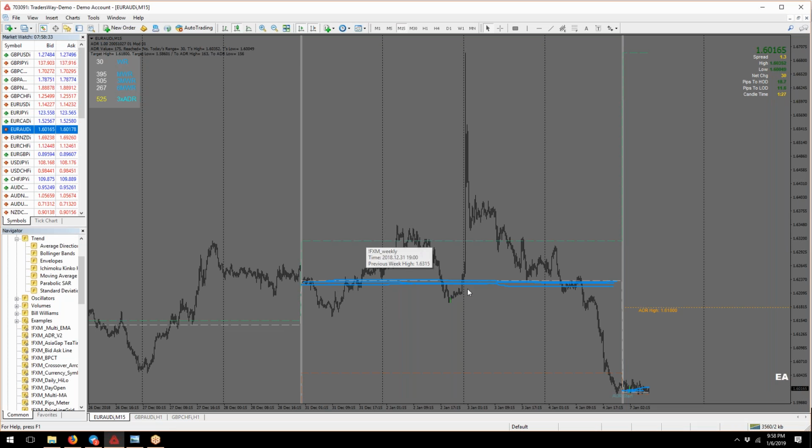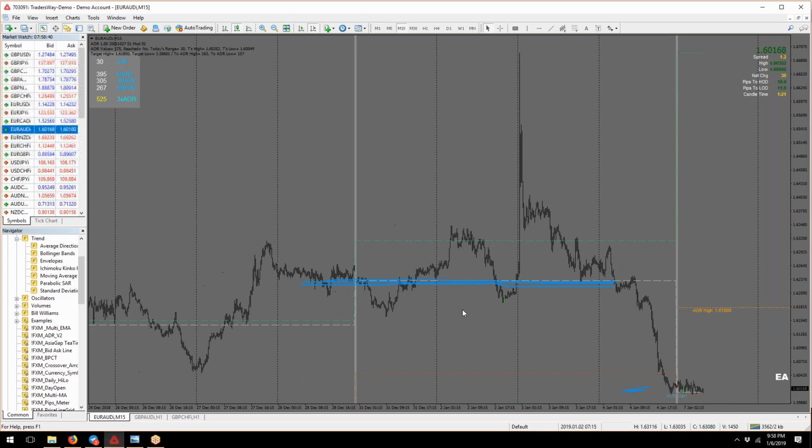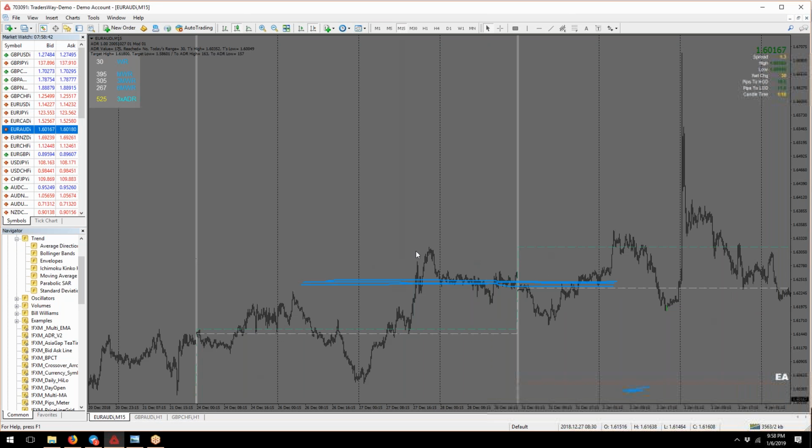Previous week high. This is the high right here. If I look at this week, this is the high for this week, right? That's the high for that week. That green indicator is telling you that for this current week, that's where the high is at right there. The red down here is telling you the low of the previous week.